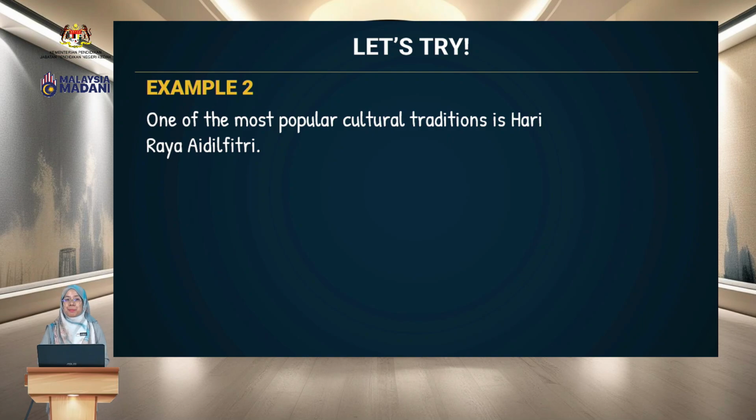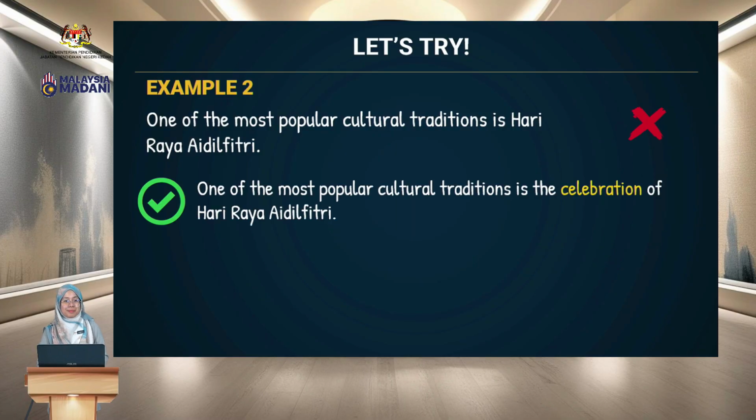Let's try another practice. One of the most popular cultural traditions is Hari Raya Aidilfitri. Now let's pause the video and try to improve and make the sentence correct. So here is the sample answer. One of the most popular cultural traditions is the celebration of Hari Raya Aidilfitri. So here the context is given.